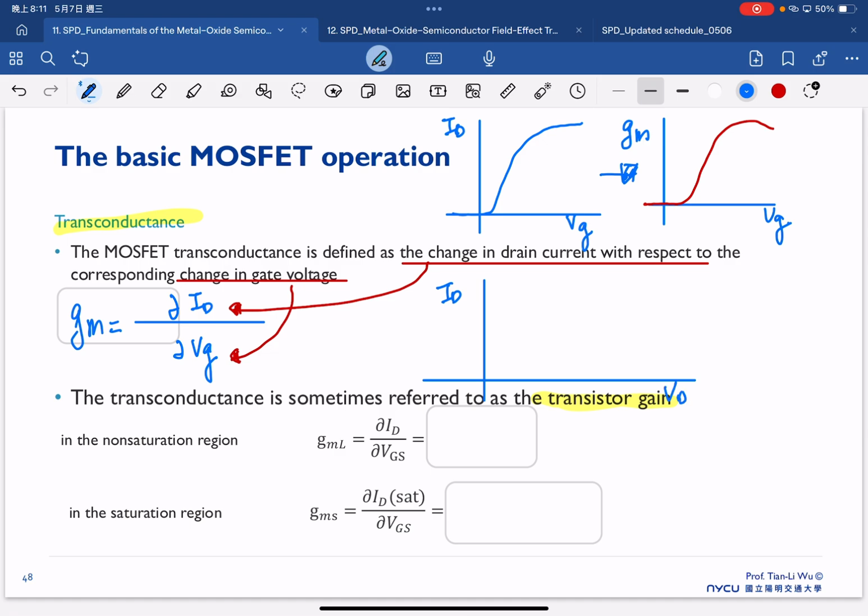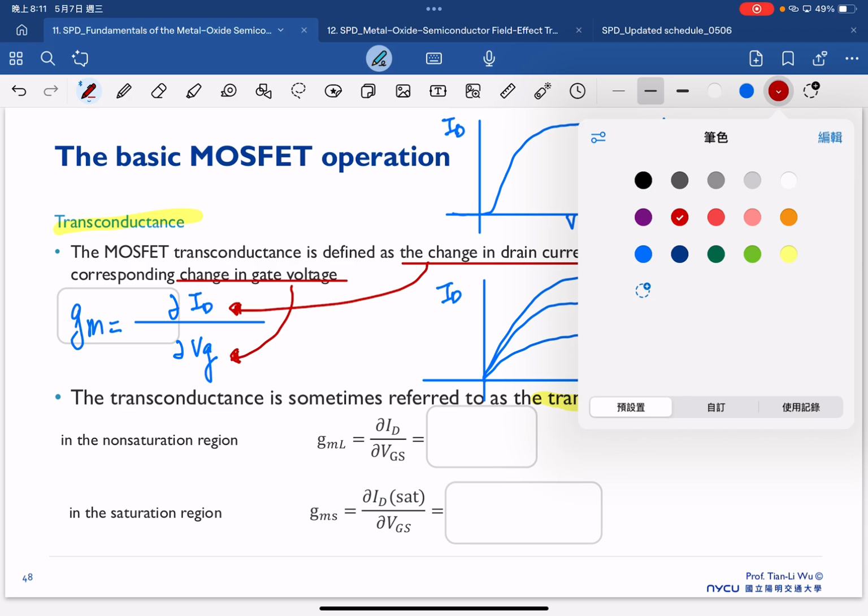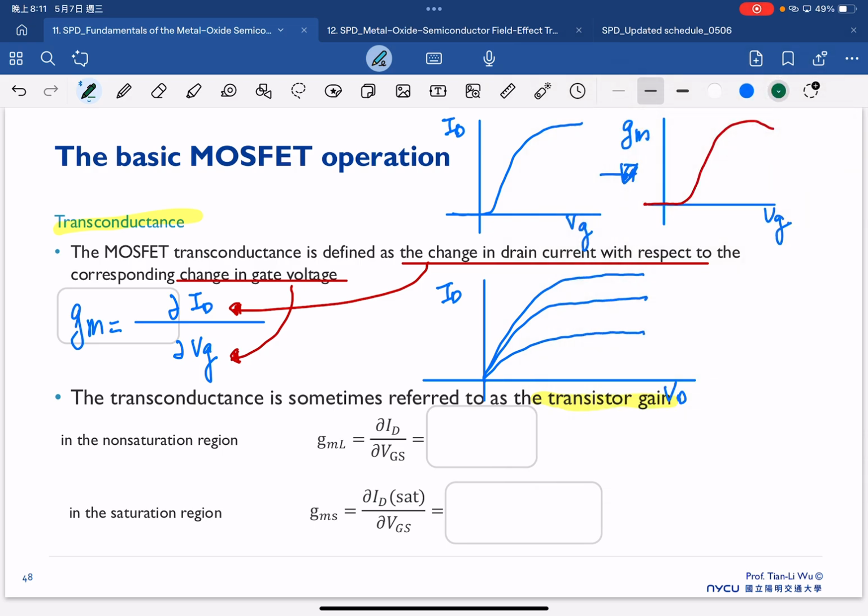So if you look at the ID-VD, we already know the ID-VD should be plotted this way. But each ID-VD curve is based on one VG.